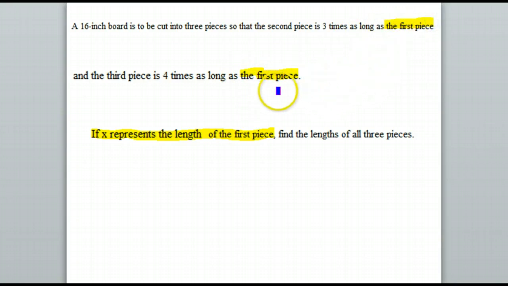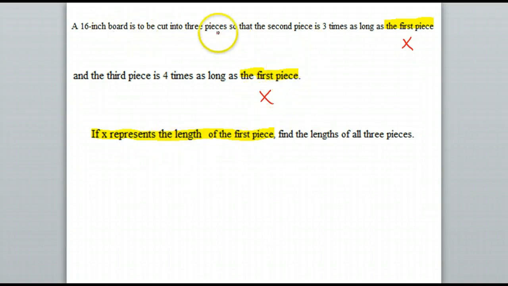Okay, but other times, like with some problems we'll see towards the end, if they don't tell you specifically what to make X, you have to decide, and what we usually do to decide is what we know the least about. Okay, but they tell us to let X be the first piece here, so everywhere I see the first piece, that's going to be my X. Okay, now down here it's just telling me that, so I don't need to worry about it down here.